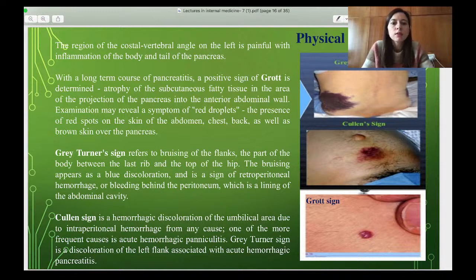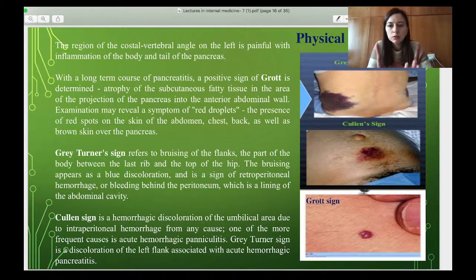And Cullen sign is hemorrhagic discoloration of the umbilical area due to intraperitoneal hemorrhage from any cause. One of the more frequent causes is acute hemorrhagic pancreatitis. Grey Turner sign is a discoloration of the left flank associated with acute hemorrhagic pancreatitis.